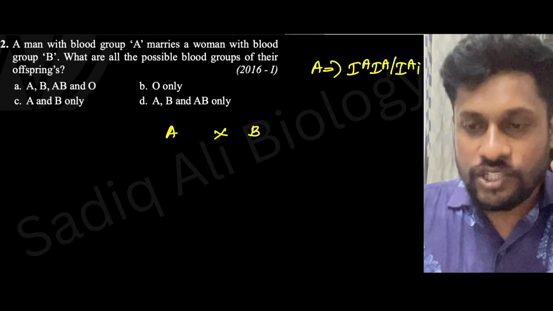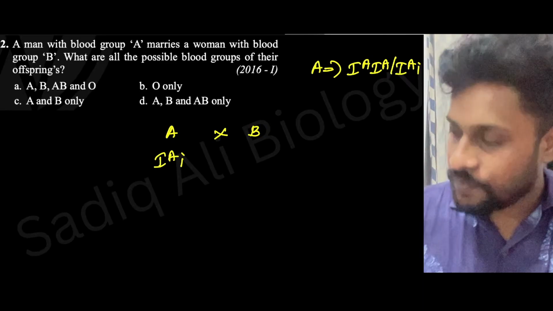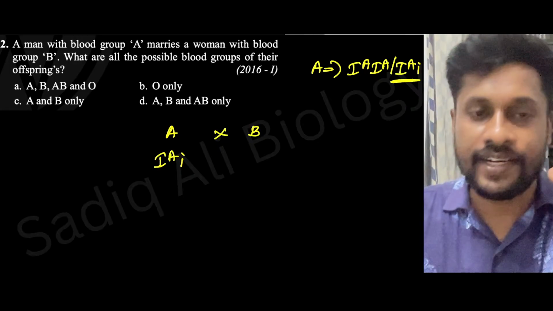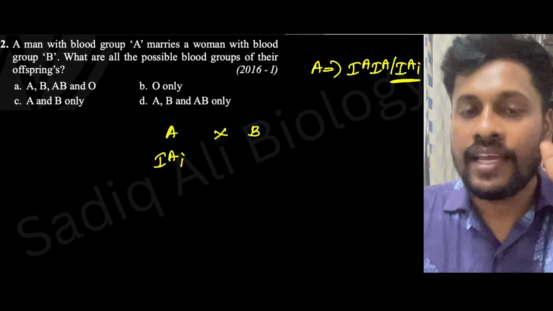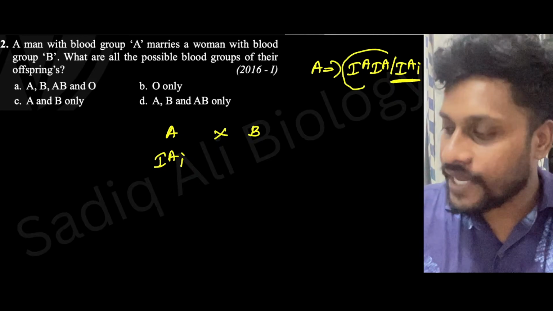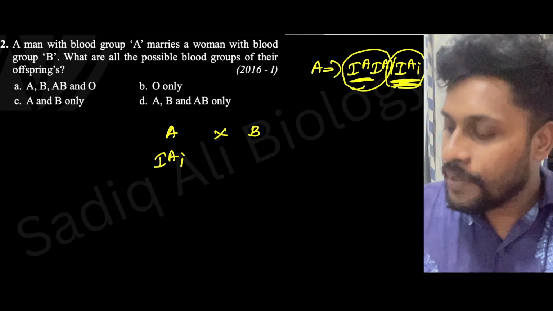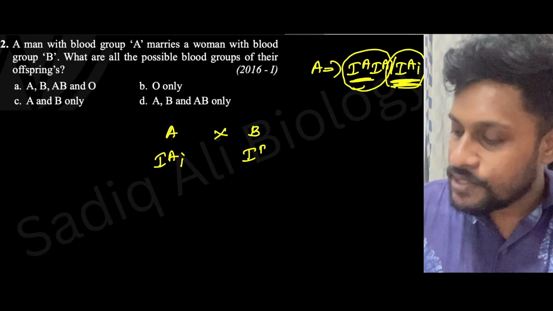Since they haven't mentioned anything, we go with IA small i because this gives maximum variety. Unless they specifically mention homozygous, we will go with this. I am taking IB small i.